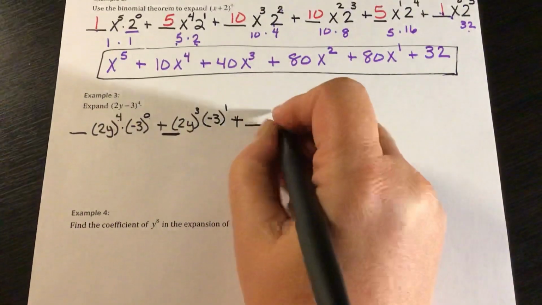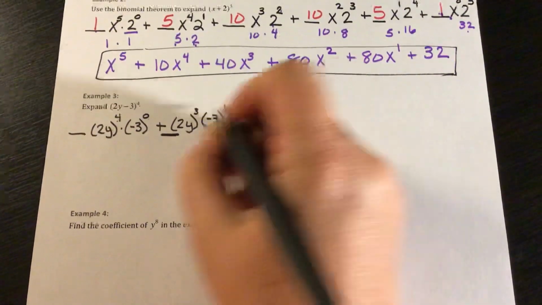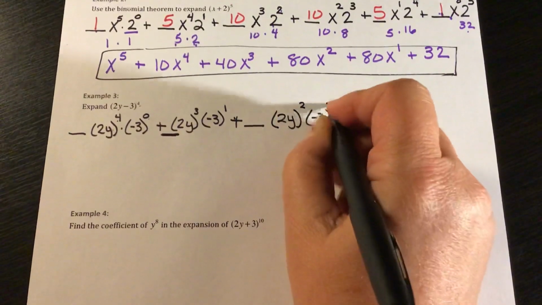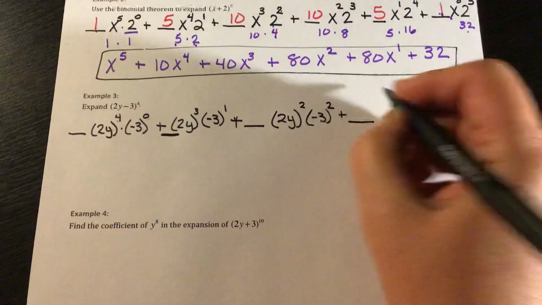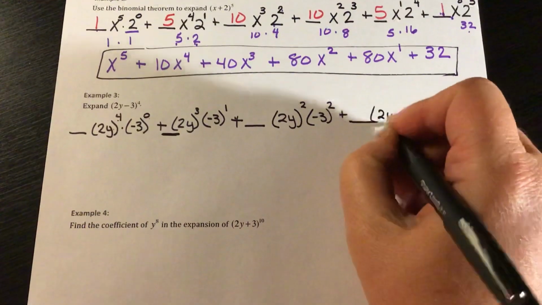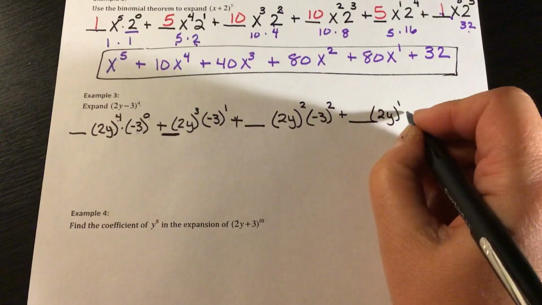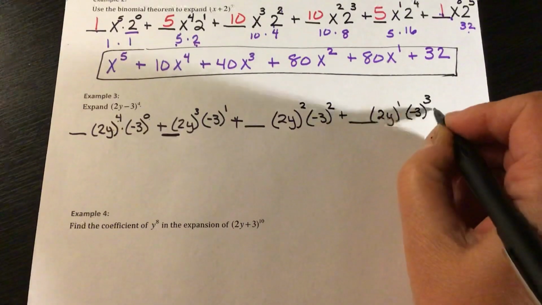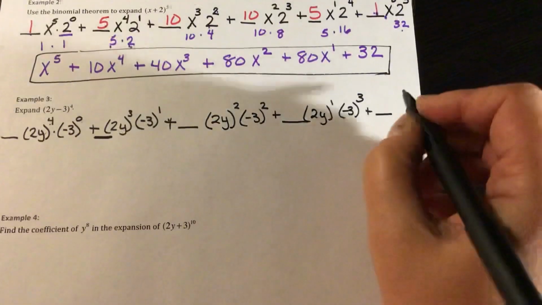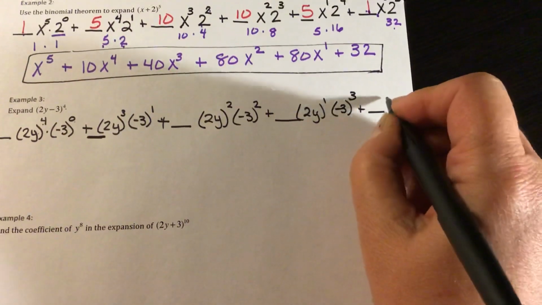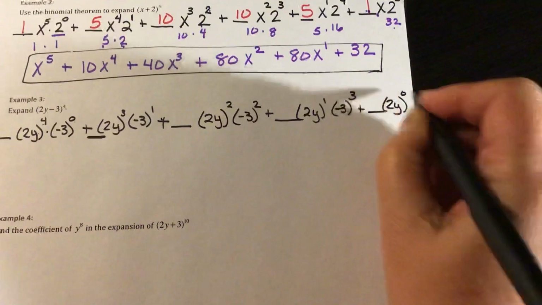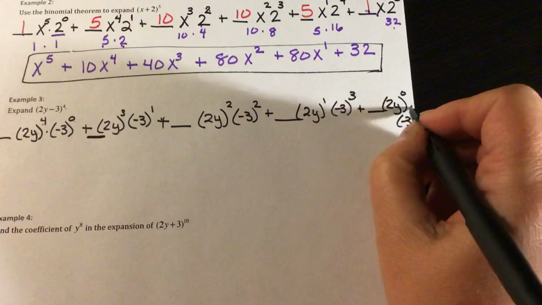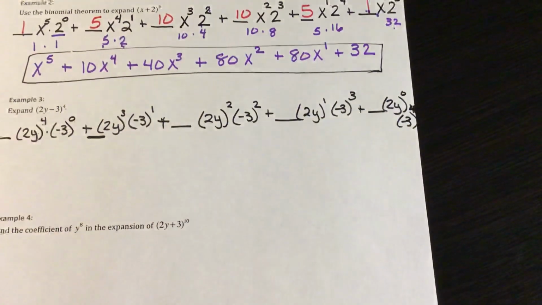So then I have 2y to the second power and negative 3 to the second power. Now I have 2y to the first power times negative 3 to the third power. And I have one more, which is 2y to the 0 and negative 3 to the fourth. Sorry, you can't see that.